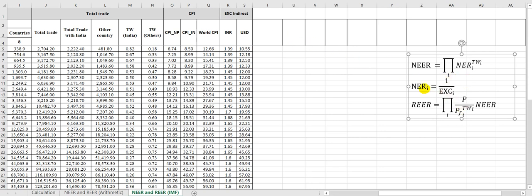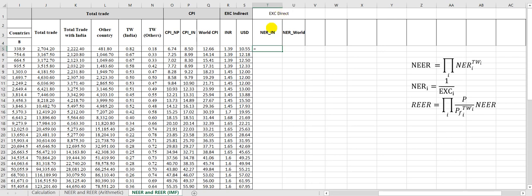First of all we are interested in calculating NER. For NER we first need to calculate NER India and NER world. This is nothing but the direct quotation, the exchange rate direct.